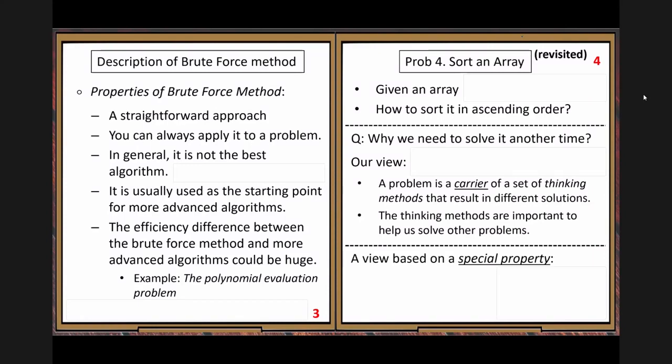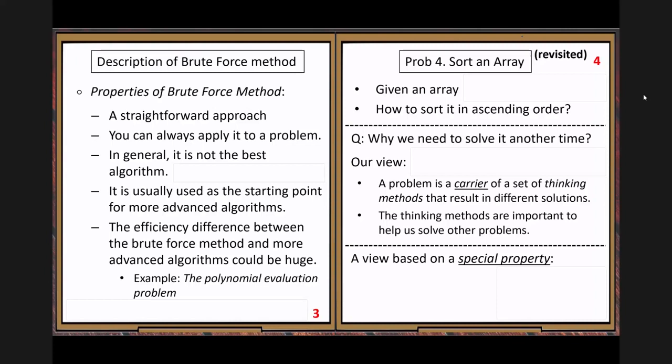A view based on special property. Now, we need to develop some new solution. But how do you get a new solution if you use your old view? Remember, when we applied selection sort, we took one specific view of the problem: finding the minimum. Here, we want to change our view.